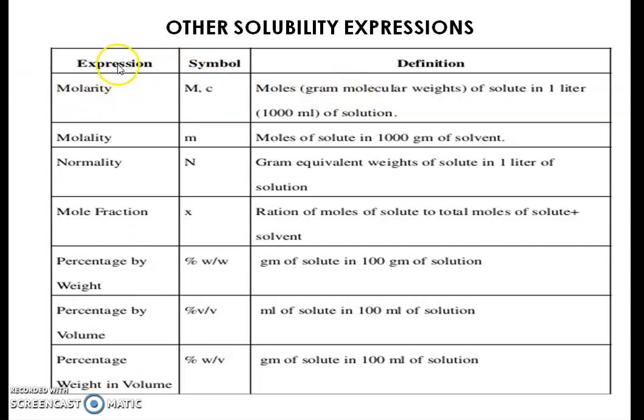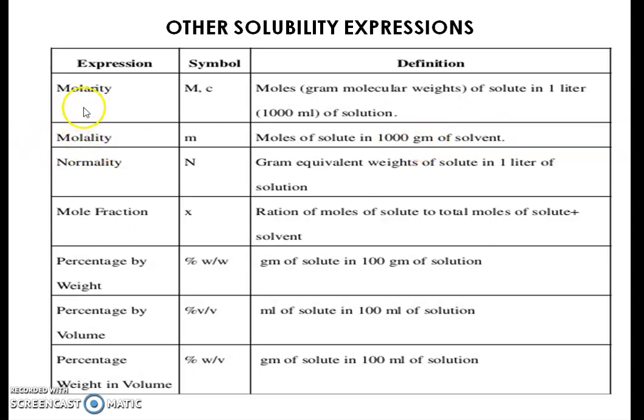Then the second expression is molality. Molality means moles of solute in 1000 grams of solvent. Instead of ml, it is grams. Instead of volume, the weight of solvent is considered, and then the terminology becomes molality.